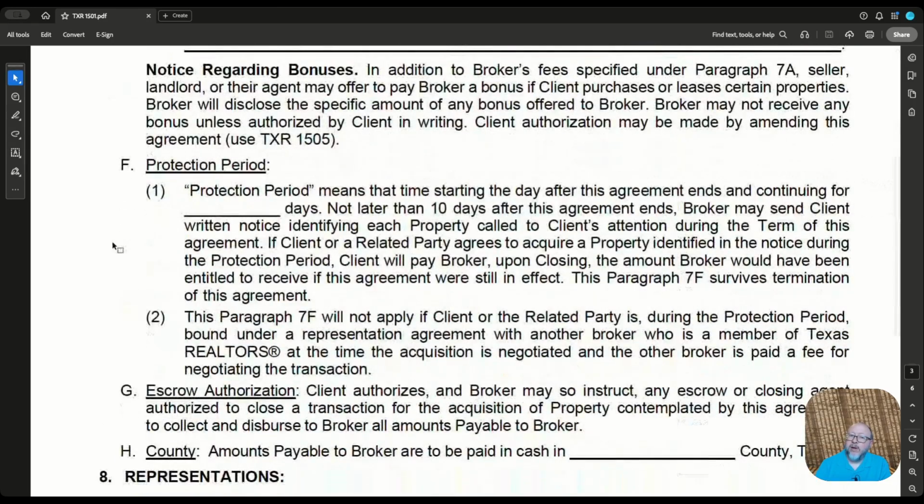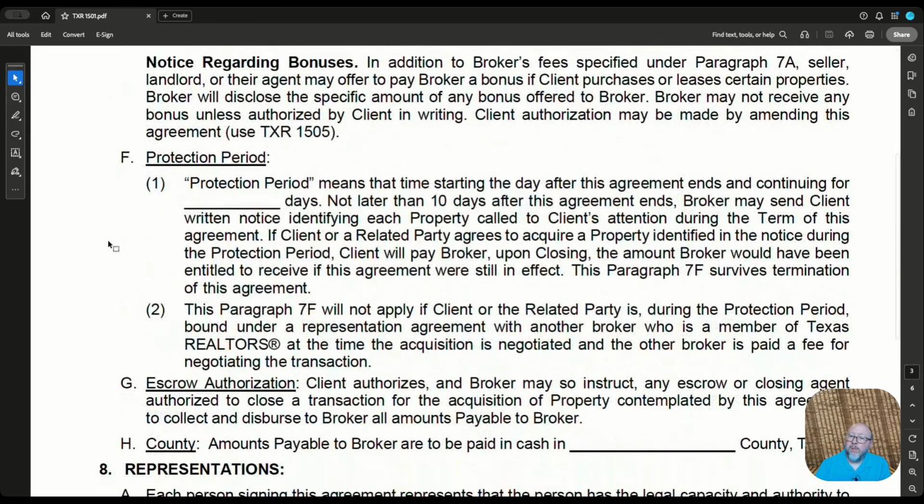We also give a protection period under the long form agreement. The protection period is the period of time in which, essentially, if you show someone a property and they don't buy it during the term of your agreement, but they later buy it, having a protection period in the representation agreement would give you the ability to say, "Hey, I'm owed a fee for this.